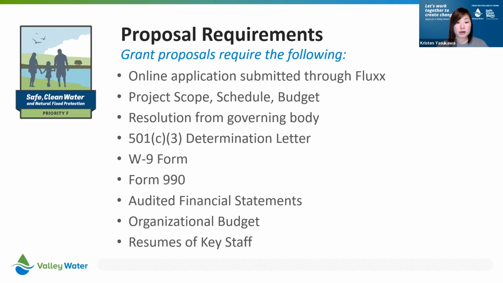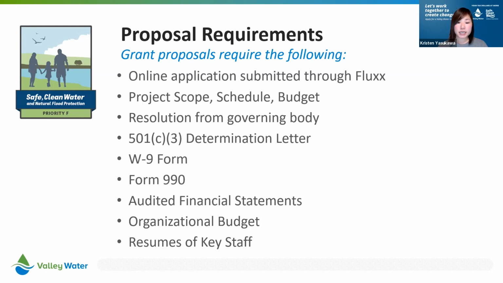Those documents to upload are going to be the project scope, schedule, and budget. There are templates that you can download from Flux, which we will also review today. If this applies to your organization, you would need a resolution from the governing body.